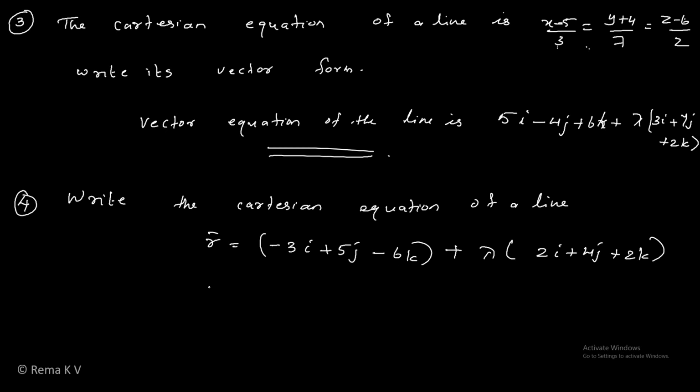How can you write this equation in Cartesian form?